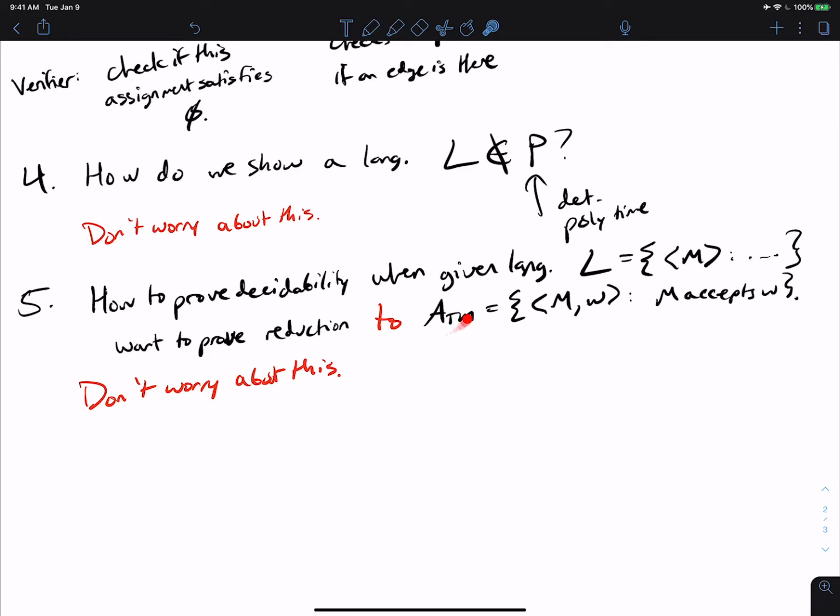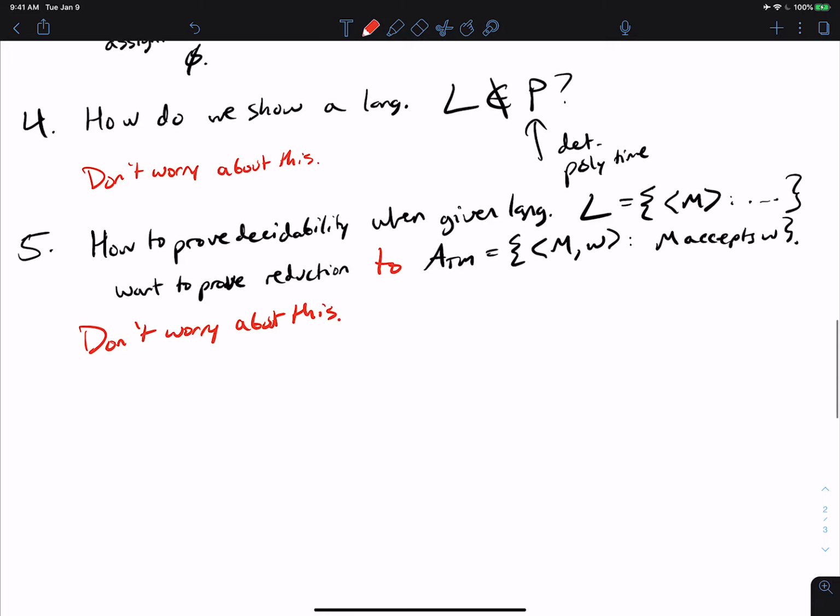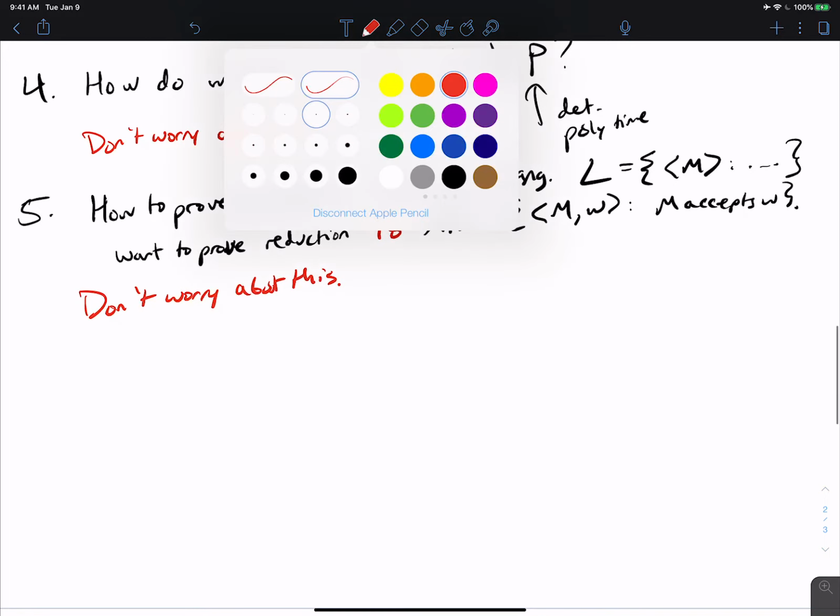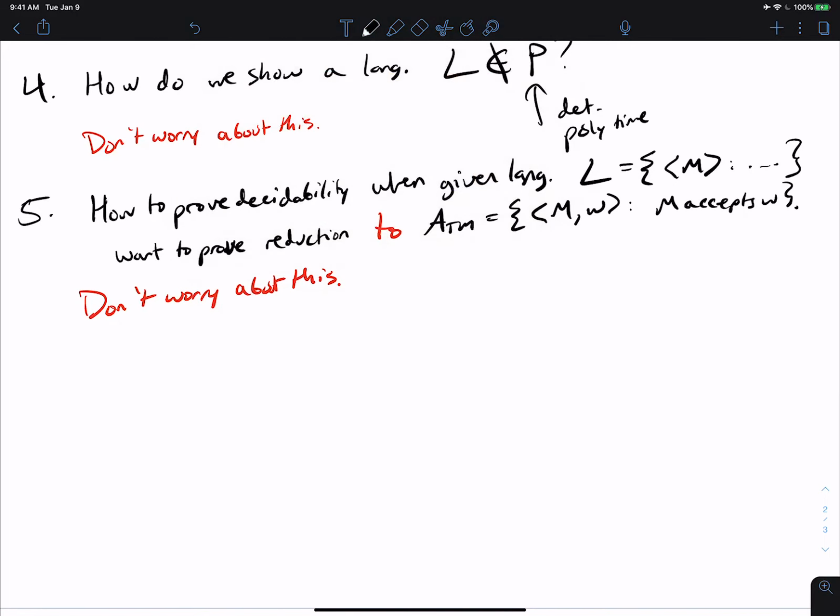This question is asking about the other direction: if we suppose that ATM is decidable, can we show some other language is decidable, when that language is undecidable, which proves that ATM is undecidable. We won't have to worry about that.